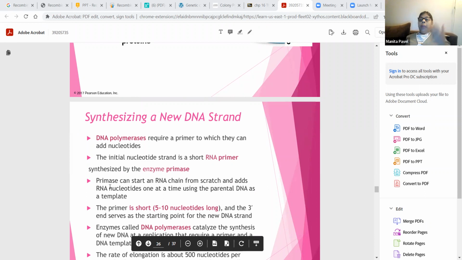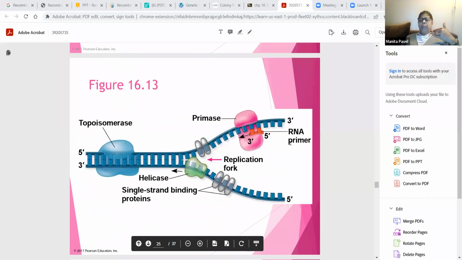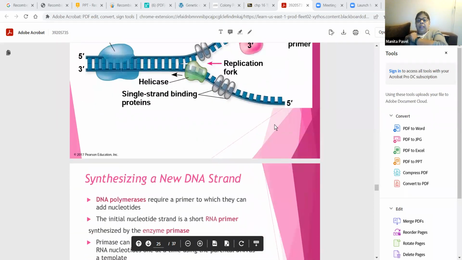And when you hear the word primase, primase is going to start an RNA chain from scratch, and it adds RNA nucleotides one at a time, one nucleotide at a time.